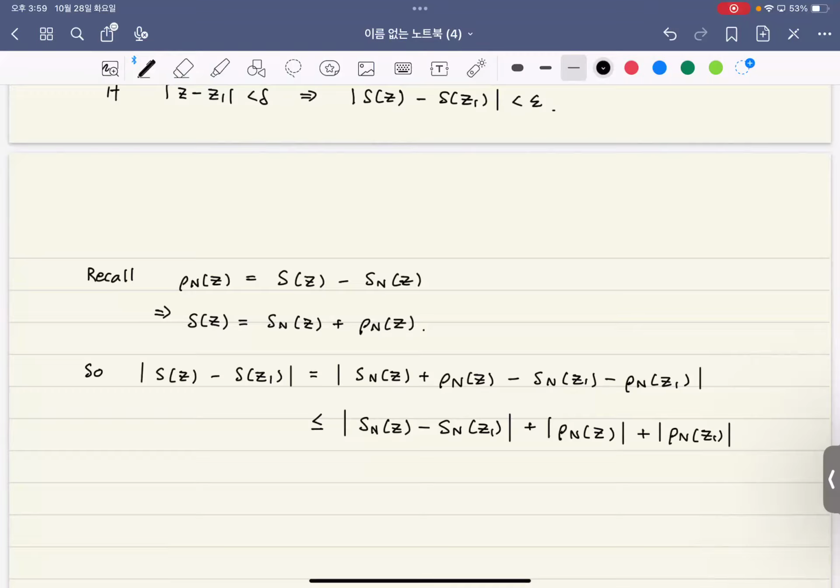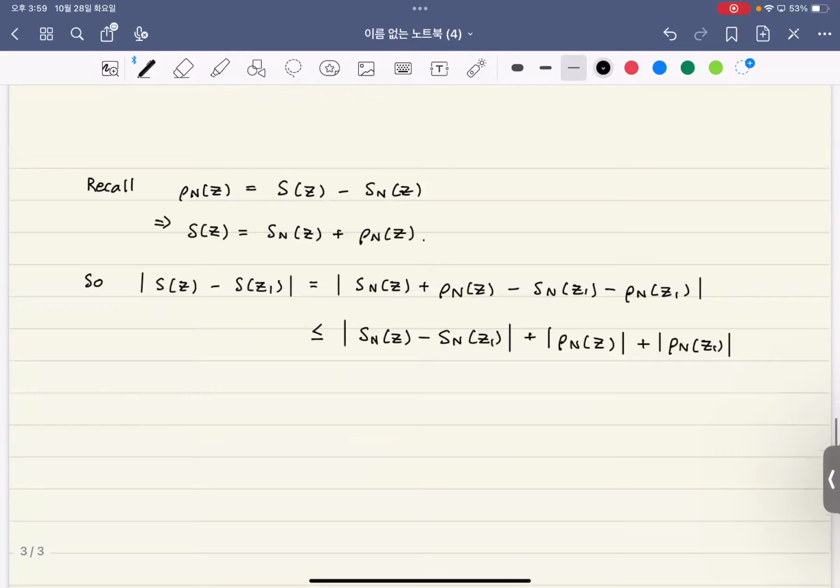Now I am ready to do some analysis here. First, let me focus on the first two terms, Sn of z minus Sn of z1. What is Sn? Sn is merely a polynomial, which is guaranteed to be continuous, right? So Sn is a polynomial, which is always continuous.